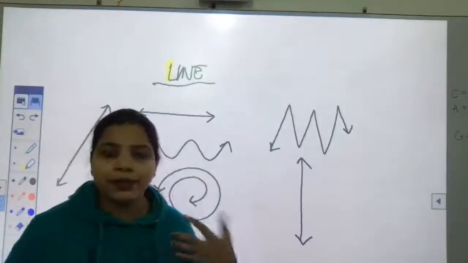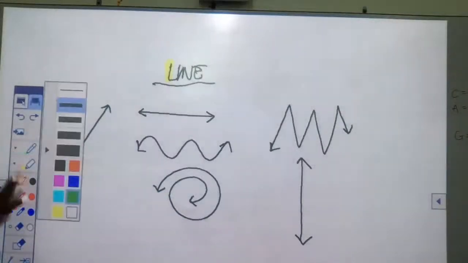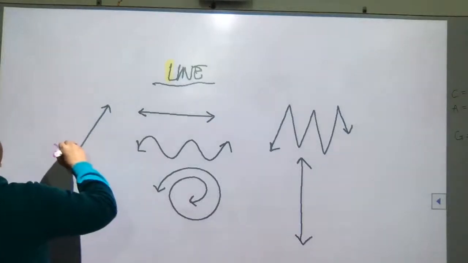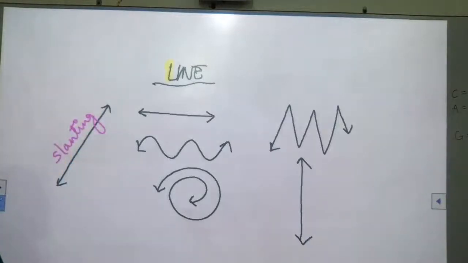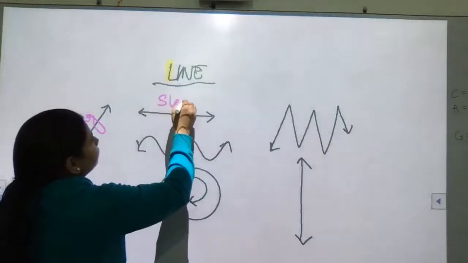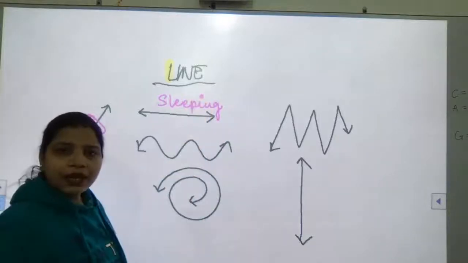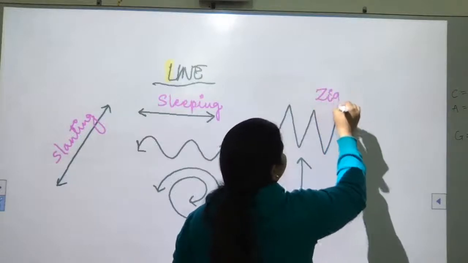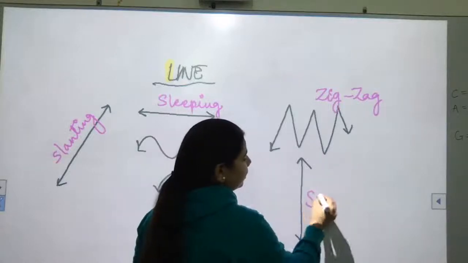As they represent themselves, they have different names. Let's say, for example, this is called a slanting line. This is called a sleeping line. This is called a zigzag line. This is called a standing line.